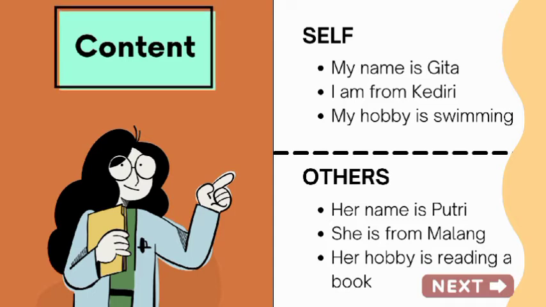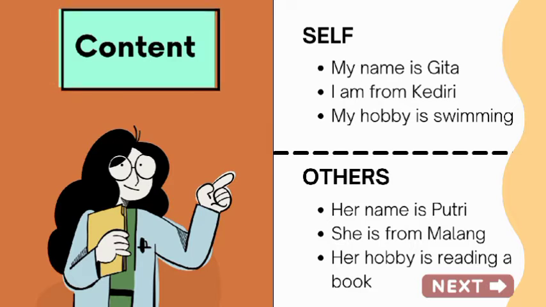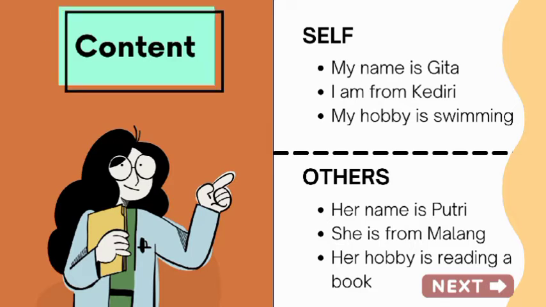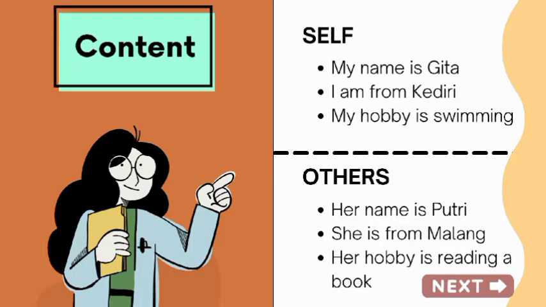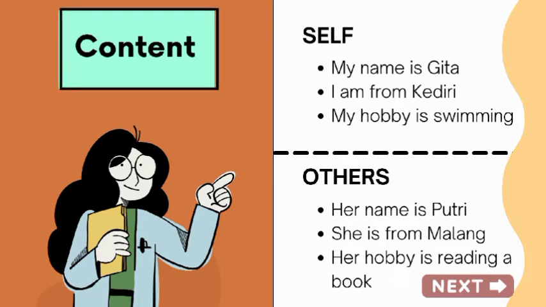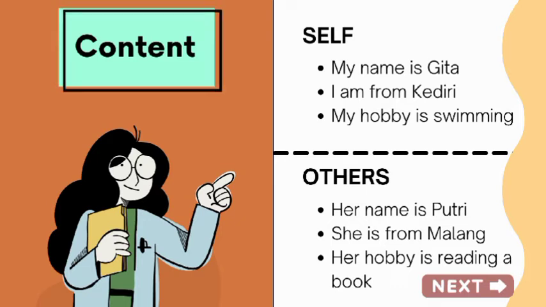And then for the content of others, we can use sentences like her name is Putri or her name is Sinta, etc. We can use her or his. And then the second, we can use sentences like she is from Malang, she is from Bali, etc. You can use the subject like she or he.